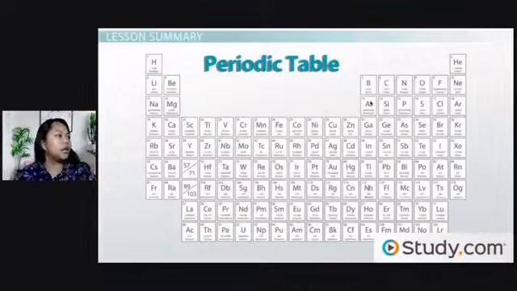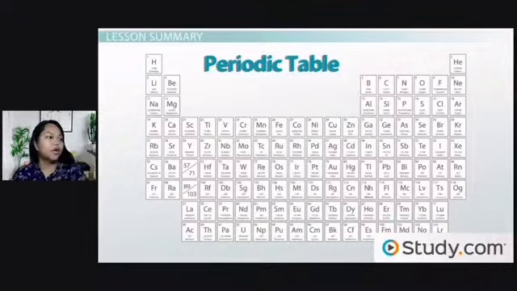Ilang energy shell, ilang valence electrons for aluminum.